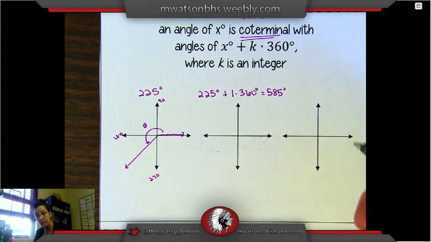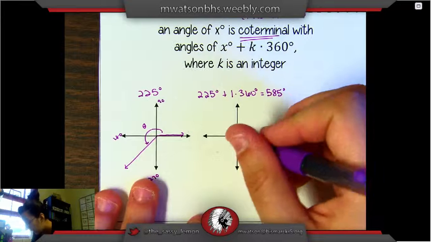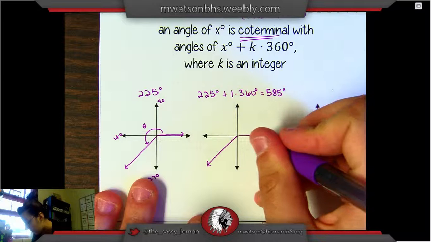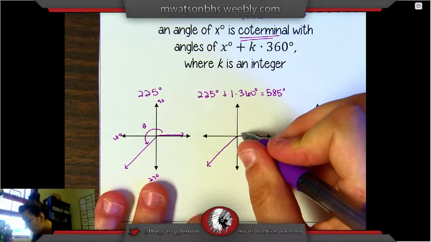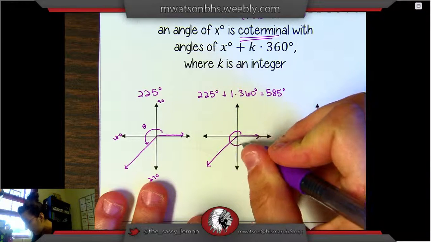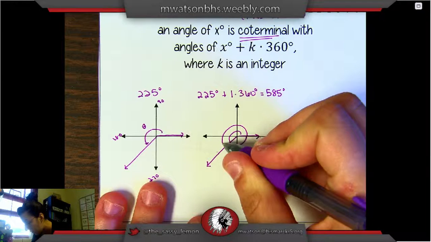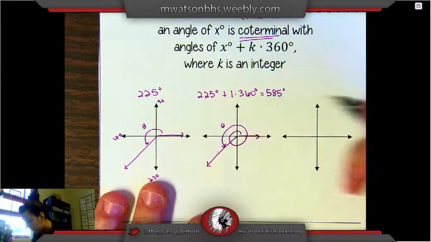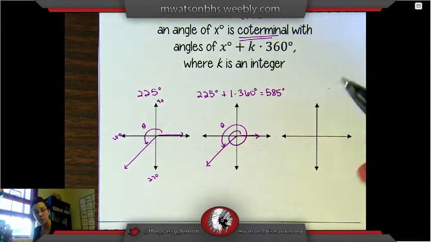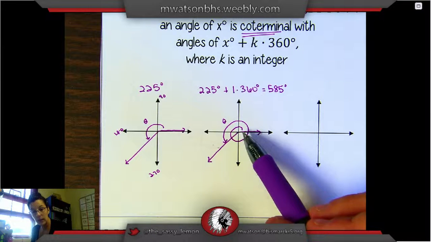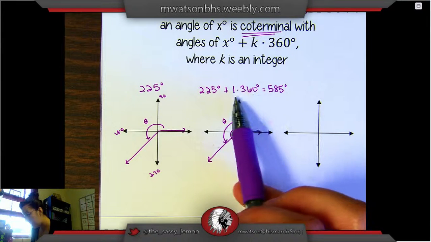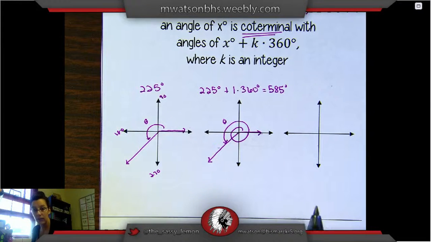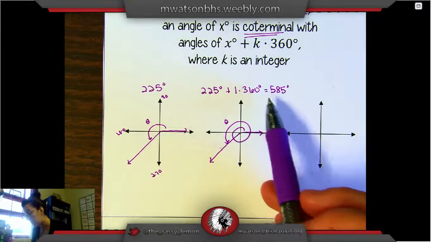Graphically, here's what happens. We know that it's going to have the same terminal side, so it's going to be right here, and here's our initial side. But what we do is we wrap all the way around and then go another 225 degrees. That's 585 degrees. So really, mathematically, what we did was we added one full rotation in the positive direction. That's what this plus 1 times 360 means.